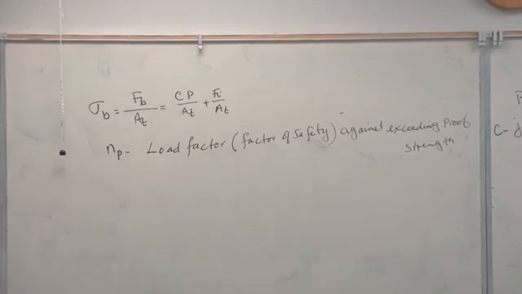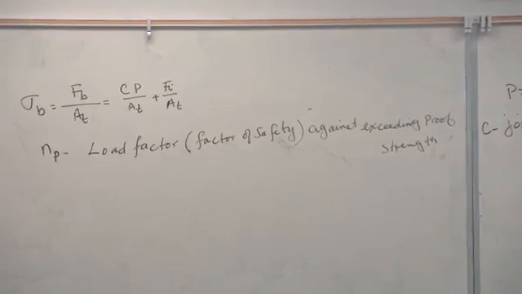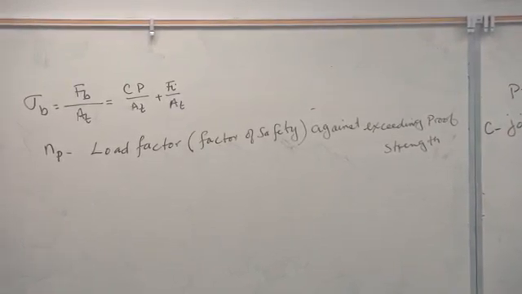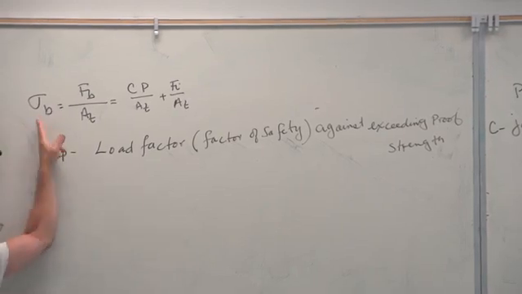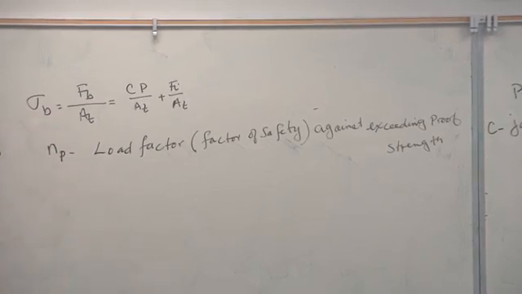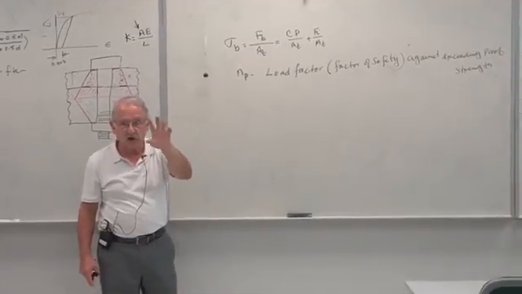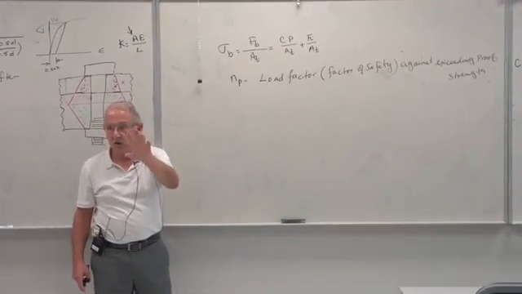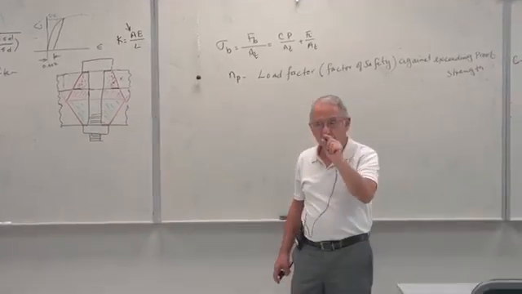And just like all factors of safety that we have looked at so far, we say this. We don't divide, by the way, the proof strength by that and say that's our factor of safety. That's not what you do. Because the factor of safety should come from the externally applied load, not from the preload. The preload is there whether you like it or not. Here's what we say.